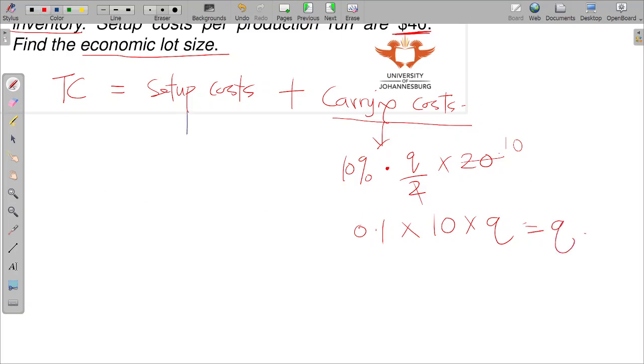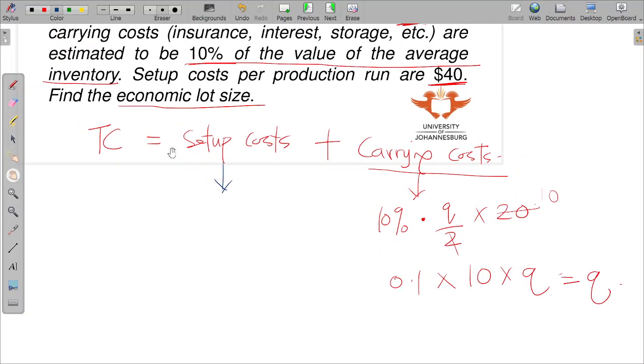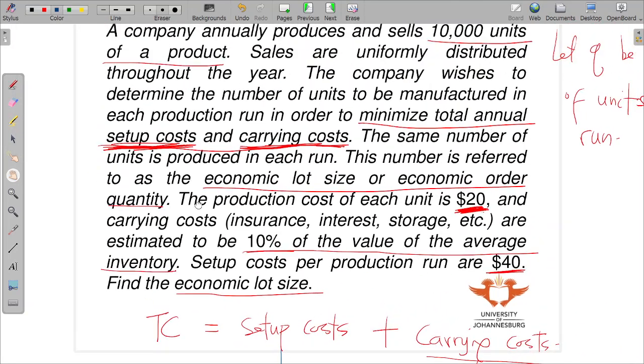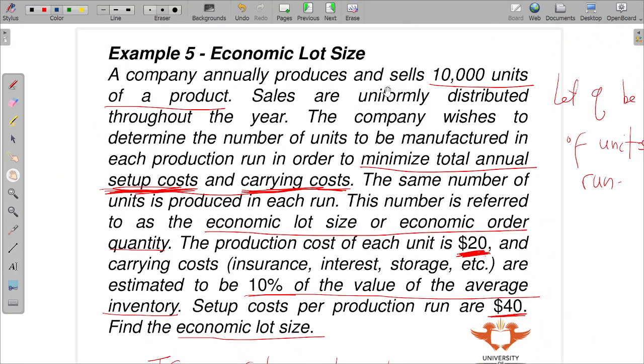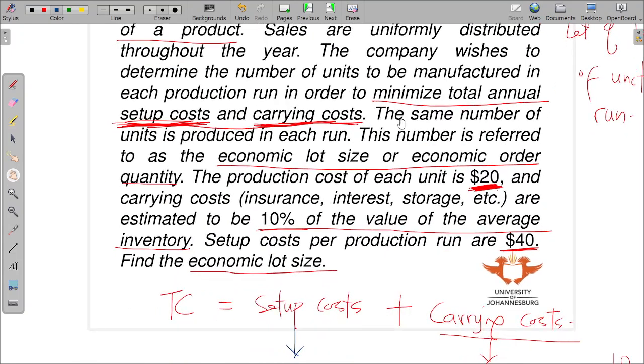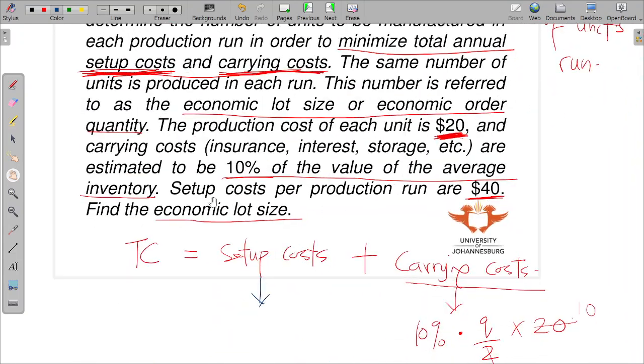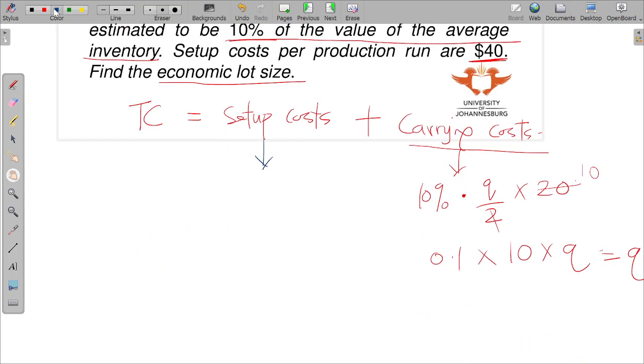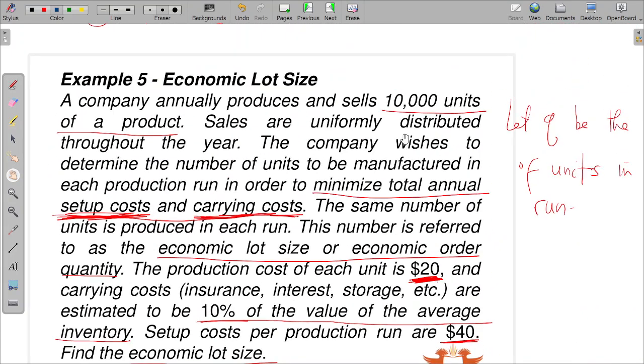So let's now go for this one. We have that a company annually produces 10,000 units of a product. Sales are uniformly distributed, so we can divide this 10,000 by Q. And the cost attached to that, the setup cost per production run, is 40. So I can make this 40 multiplied by 10,000 divided by Q, because they are uniformly distributed.